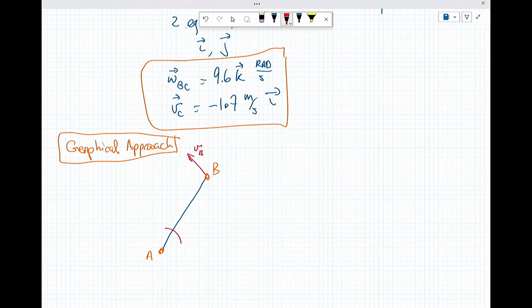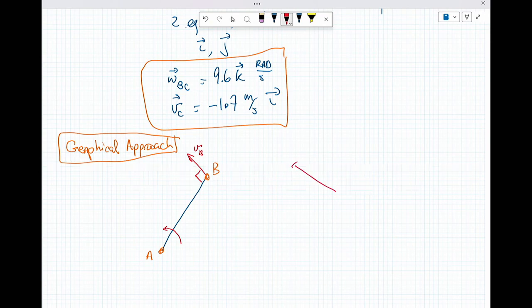So I know the direction of rotation that's given to me, but I also know that it's going to be at 90 degrees. One of the problems I have with the graphical approach is I have to know the orientation of velocity vectors. When I'm looking at a vector solution, I only need to know the positions of the various parts of the mechanism. So I need to rotate this by 90 degrees.